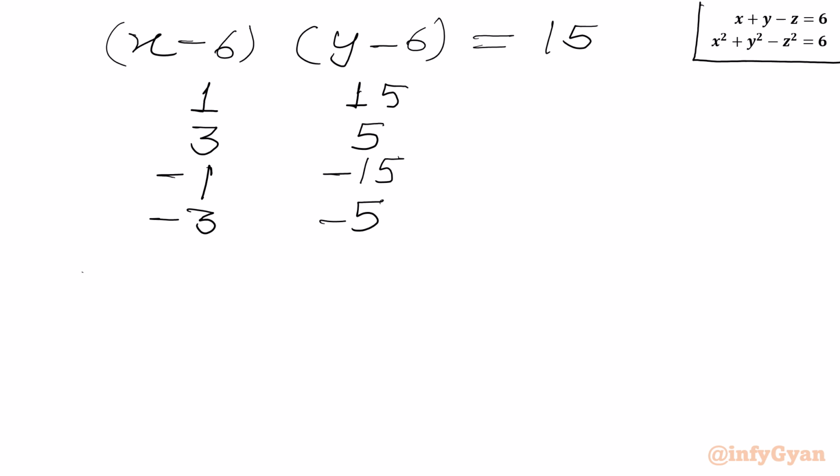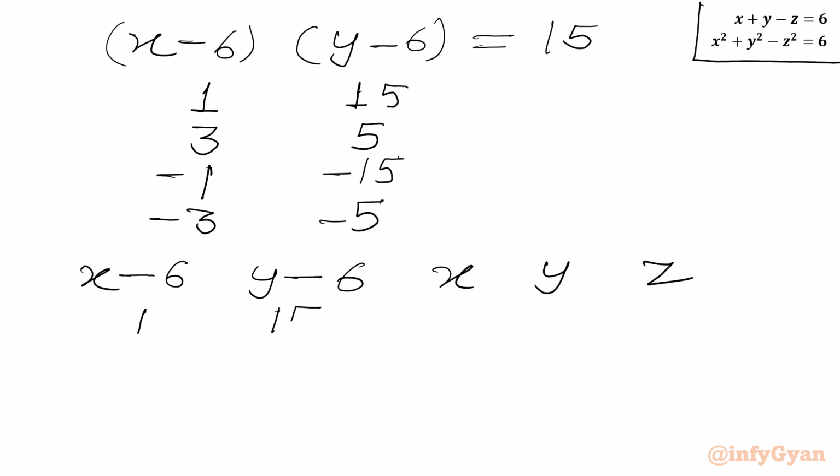Now we have to calculate x and y. So let me complete or demonstrate this chart: x minus 6, y minus 6, then we will calculate x, then y, and then z. So I can write here 1, 15, 3, 5, minus 1, minus 15, and minus 3, minus 5.